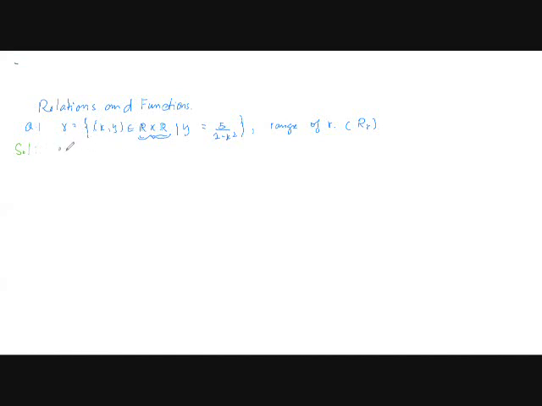Because we know y equals 5 over 2 minus x squared. Okay, rewrite it nicer: 5 over 2 minus x squared.